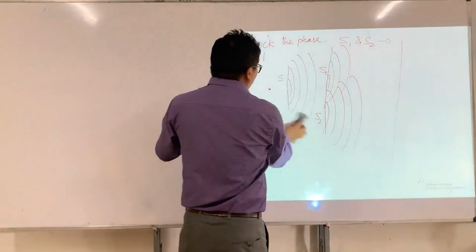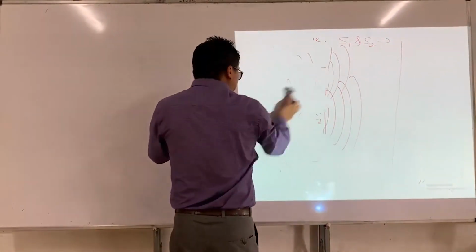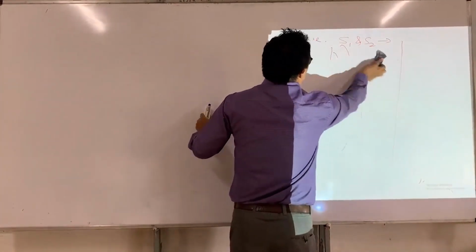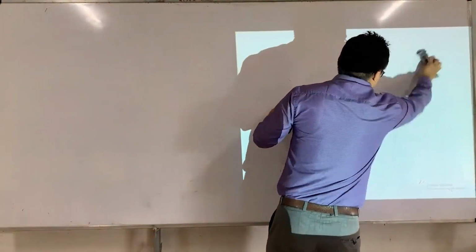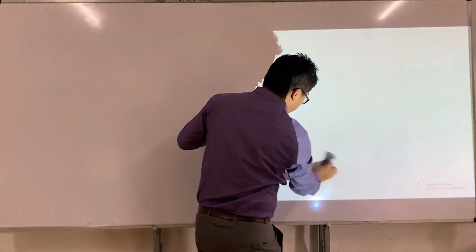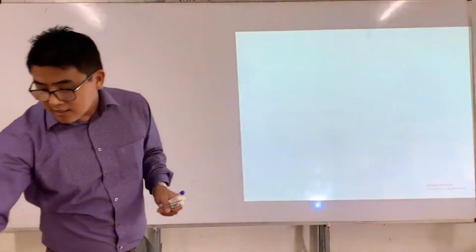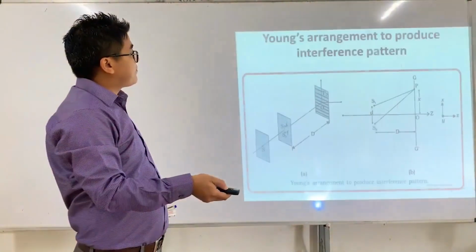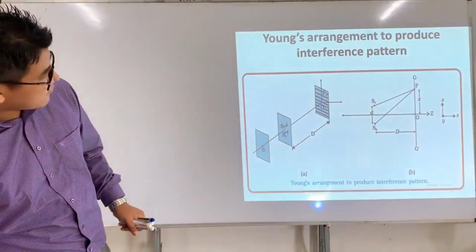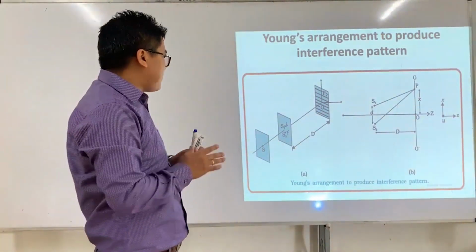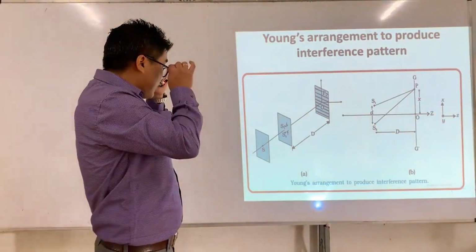Now that we have locked the phase, we would like to start the Young double slit experiment. This is the experimental arrangement of Young's double slits.